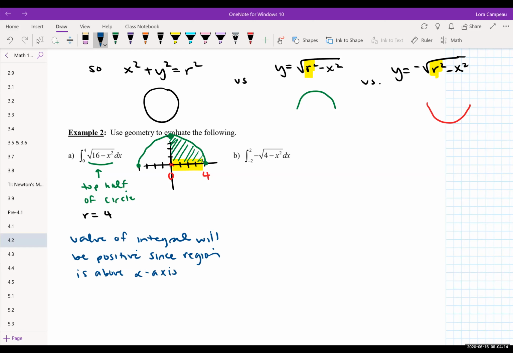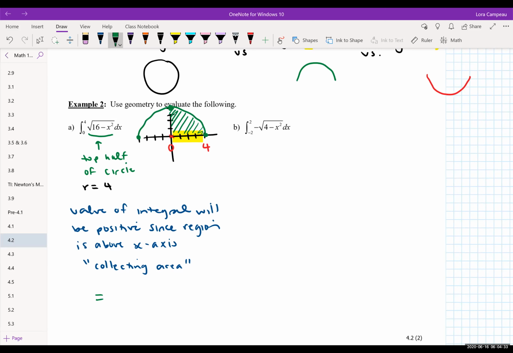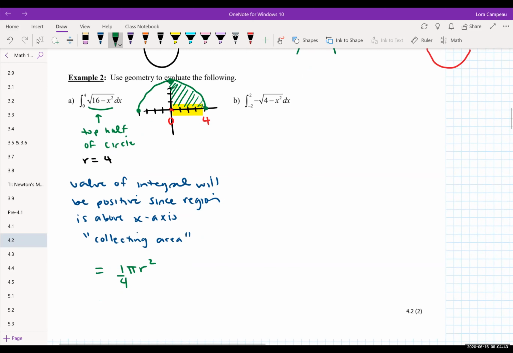And if we were going back to our trash truck analogy, we would be collecting area. So then we just have to come up with the geometric shape. Well, our integral has to do with the circle, and I know circles have areas of pi times r squared, but it's a quarter of the circle, half of a half.